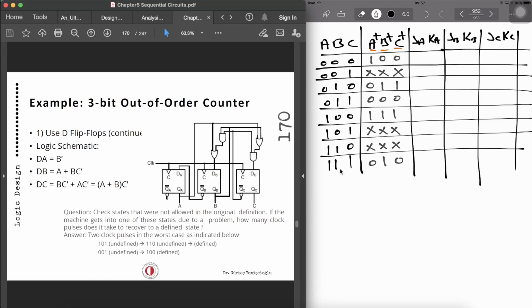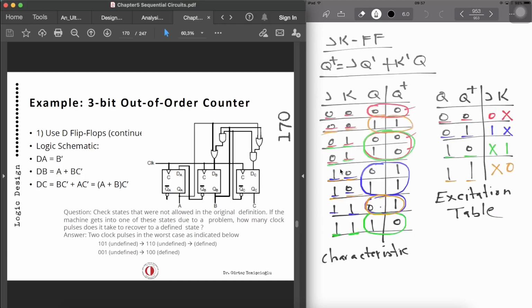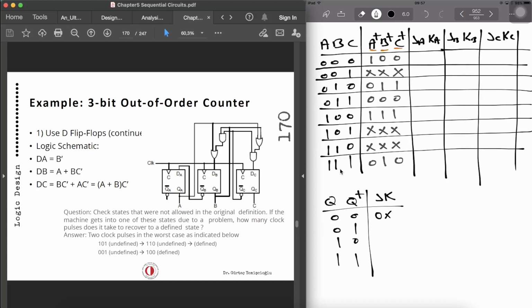Okay, so I'll just put the excitation table here as well, just to make sure that we do remember what we are doing. 0, 0, 0, 1, 1, 0, 1, 1. And we know that 0x, 1x, x1, and x0.